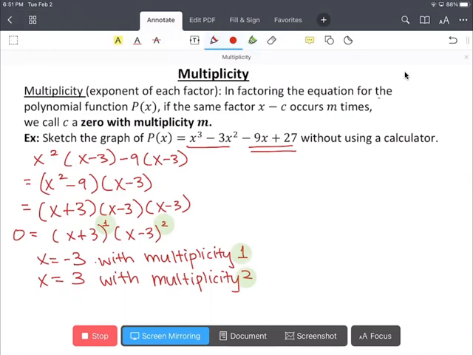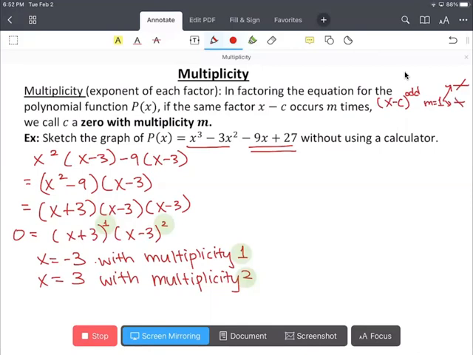So if we have x minus c with odd multiplicity, and when that multiplicity is equal to 1, then our rough sketch of the graph will look like either this or this. It will cross the x-axis.